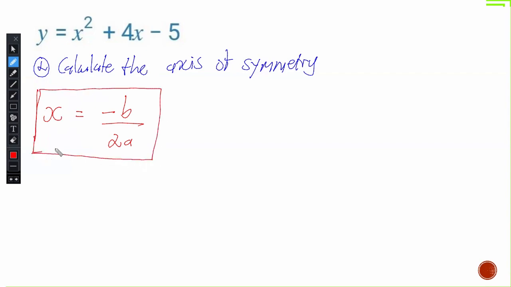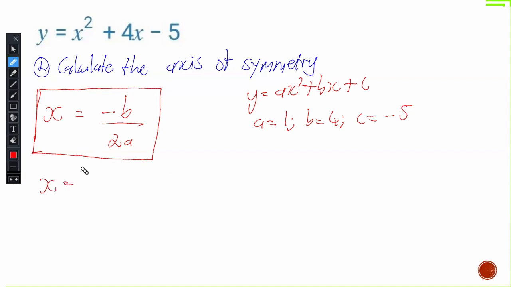So what you do here is, from y is equal to ax squared plus bx plus c, you know that your a here is +1, your b is 4, and your c is -5. That's what you substitute into this equation. You simply say x is equal to negative, and in brackets you put your value of b, over 2, and in brackets you put your value of a.